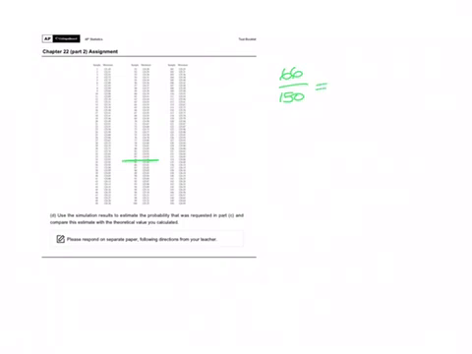And if you work that out, that becomes 0.44. In the wording, it says, use the simulation results to estimate the probability that was requested in part C. So that same probability from a simulation, how many times do we expect that to be 125 or more? And then compare this estimate with the theoretical value you calculated. That theoretical value is the value that you got above, 0.4362.